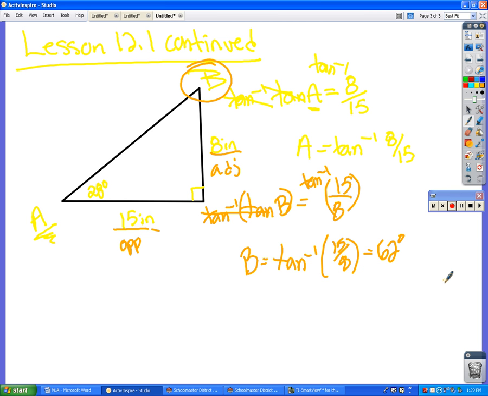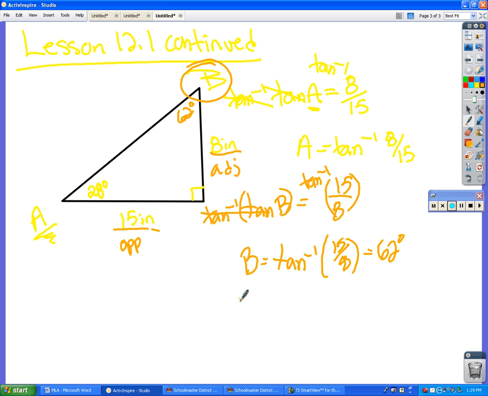Which you also could have figured out, because why? Right. This other angle right here is 90 degrees. You know that these three angles have to add up to 180. So that means that angle B has to be 62 degrees.